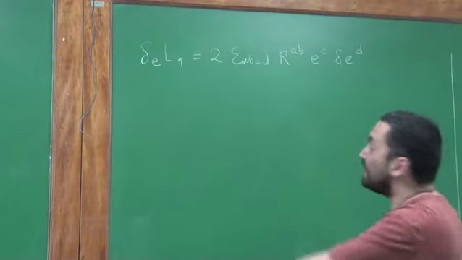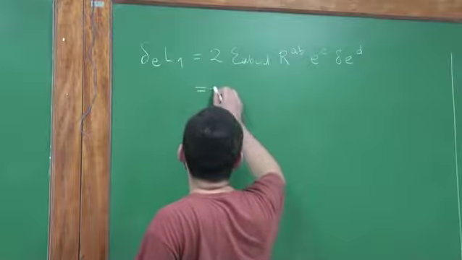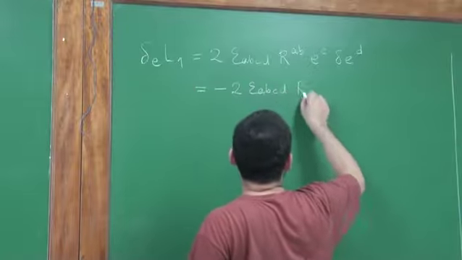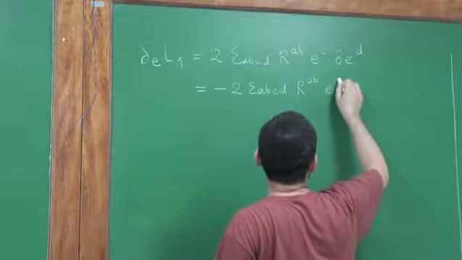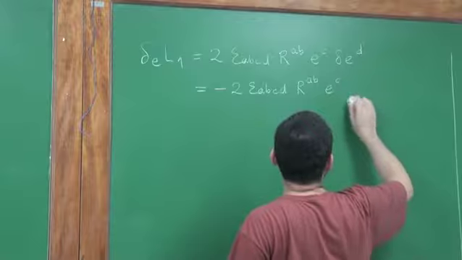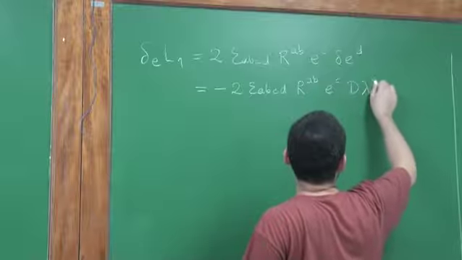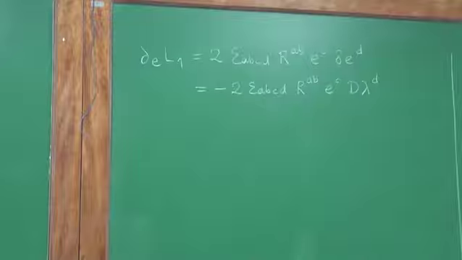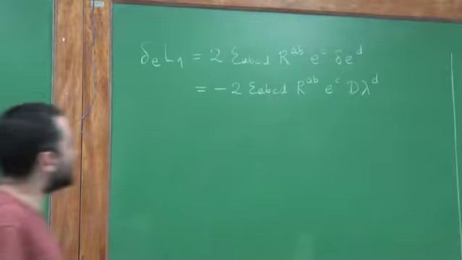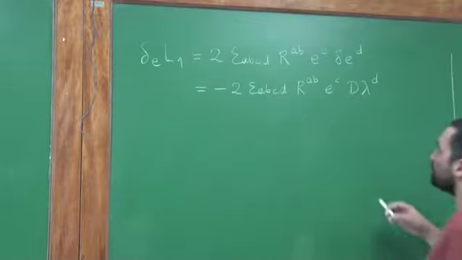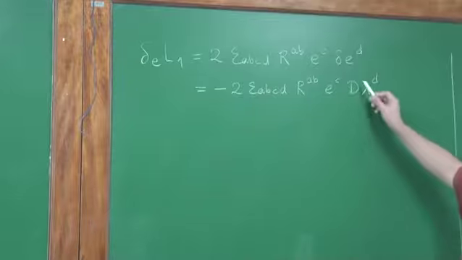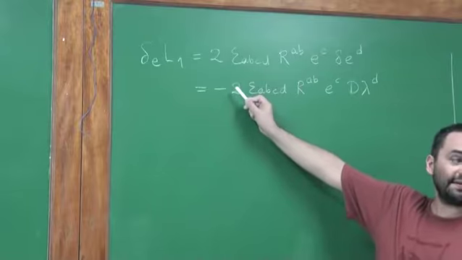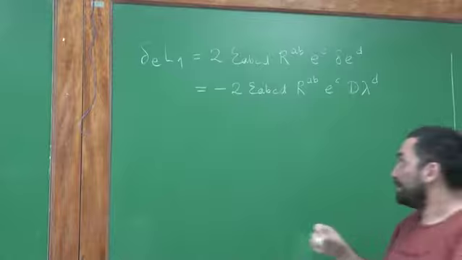Now we replace that... that's a Poincaré translation. And now, of course, we need to integrate by parts to take this derivative and put it outside everything. So I'm going to do it separately.